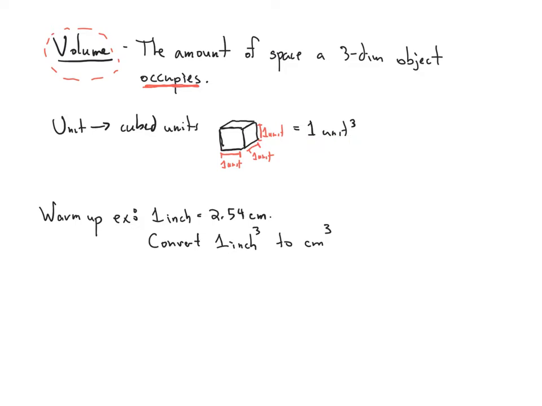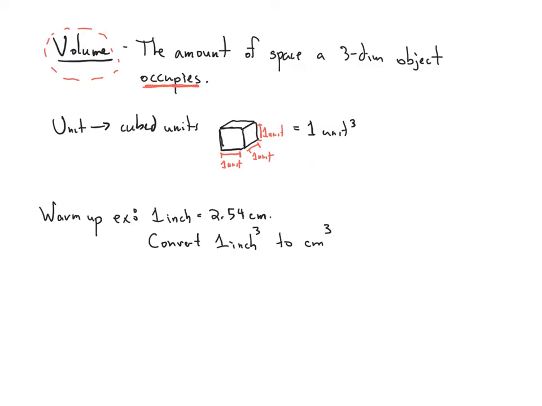It's a 3-dimensional measurement, so the units are cubed. 1 unit for each of the 3 dimensions. And of course, you're asking, well, how many of these little cubes take up the exact same space as the object that you're measuring? And that number of cubes, well, that's the volume in the unit that you're picking.